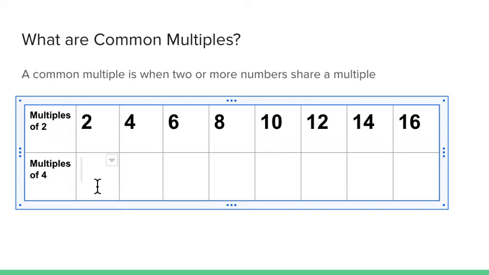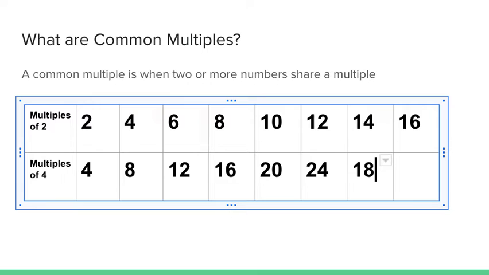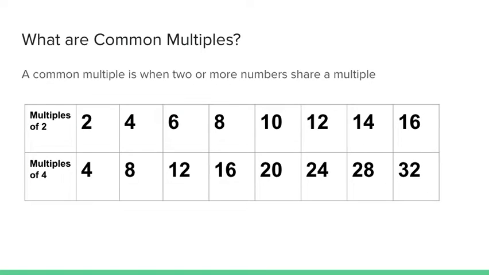Now we'll go with multiples of 4 in the bottom portion of the table: 4, 8, 12, 16, 20, 24, 28, and 32.